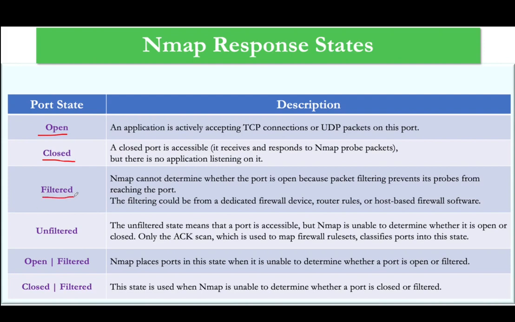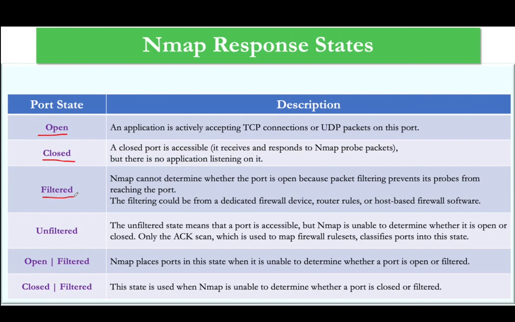So what is there in the filtered state? Nmap cannot determine whether the port is open because packet filtering prevents its probes from reaching the port. The filtering could come from a dedicated firewall device, router rules, or host-based firewall software. These ports frustrate attackers because they provide so little information.